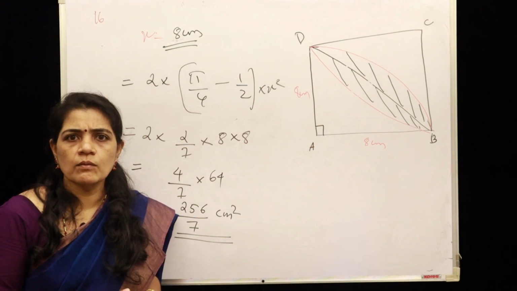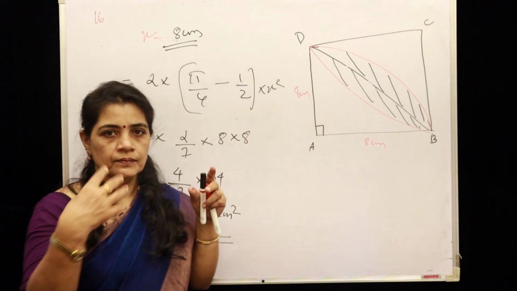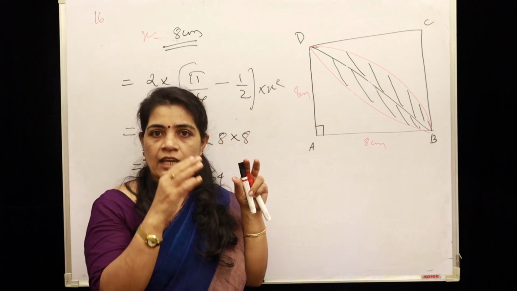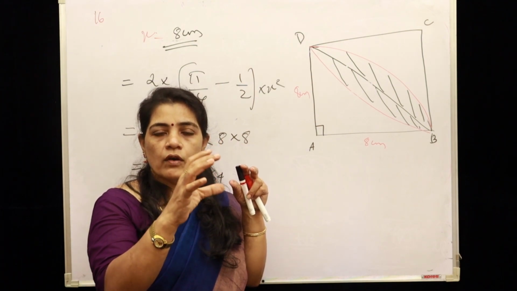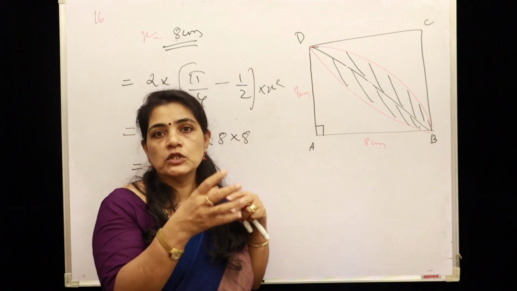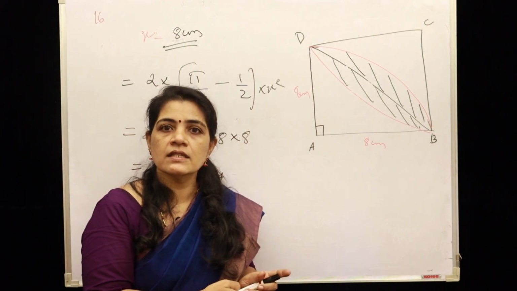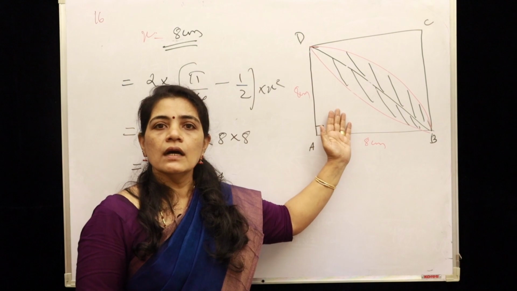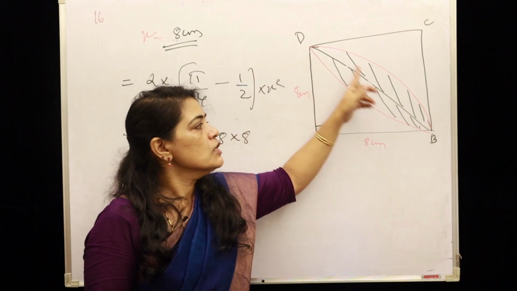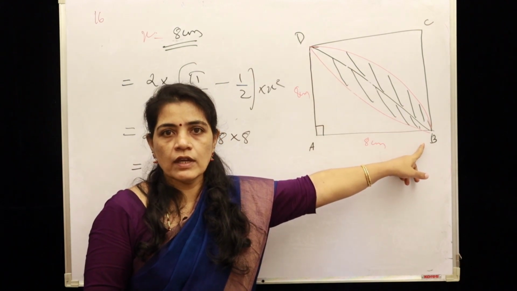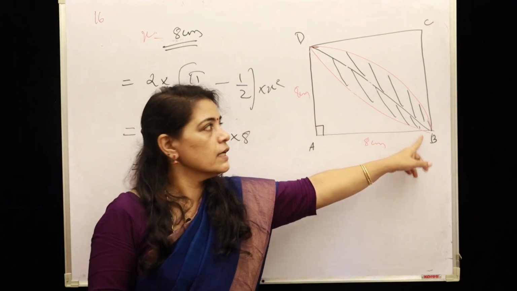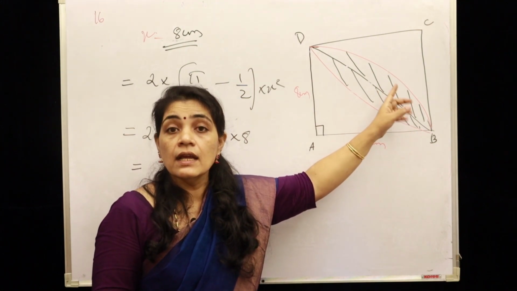I hope this is quite simple. When you take the cutout of a quadrant and emboss the other quadrant, this will be the common part between two quadrants. The same idea, the same answer you will get in this case also. Okay, you just join the diagonals, so that you can treat this as a quadrant and you can treat this as a segment.